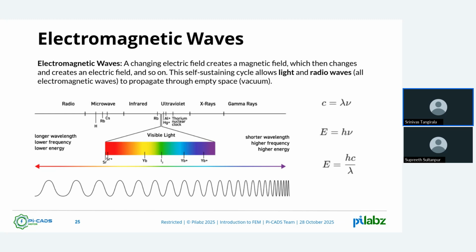And light also behaves like a particle. The photoelectric effect you must have heard about proves that light also behaves like a particle. Photoelectric effect is if you impart electromagnetic energy into a photoelectric plate, it emits electrons.